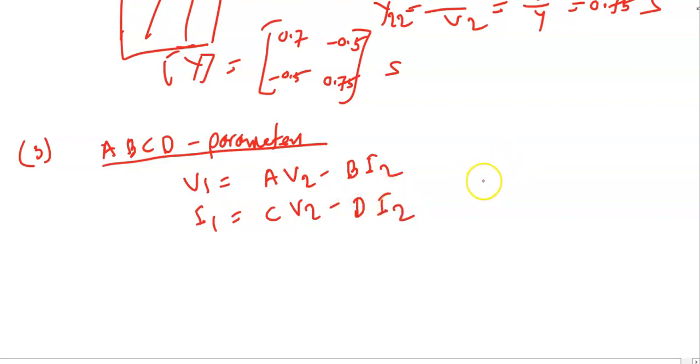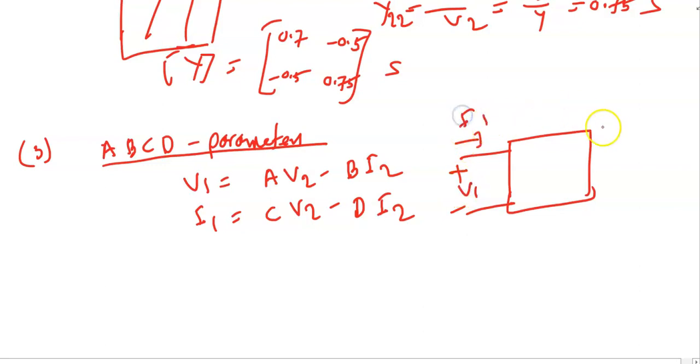This minus sign is not due to the parameters, but due to the current flowing opposite to the conventional direction. Remember only this difference for the ABCD and A dash B dash C dash D dash parameters. This is V1, this is your I1, V2, I2. So in the ABCD parameters we take current in this direction, so it will be minus I2.